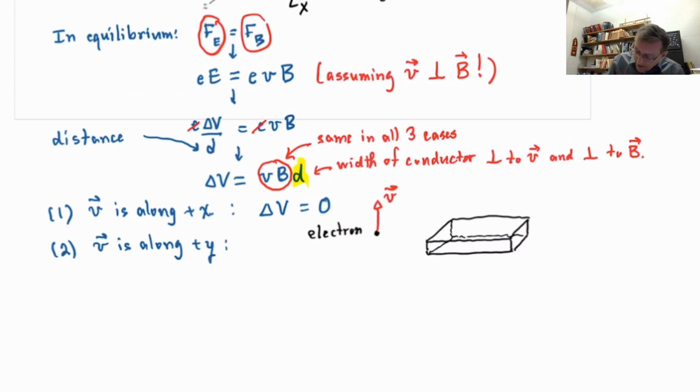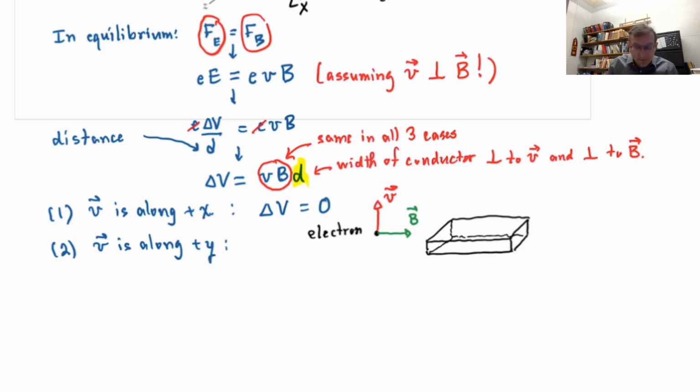Remember the magnetic field direction, B, is to plus x, which is to the right. Okay, those aren't parallel, so there will be a V cross B. So let's figure out the direction of the magnetic force on one of these conduction electrons. Okay?